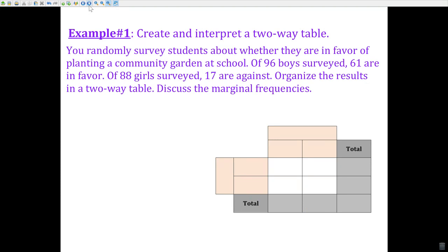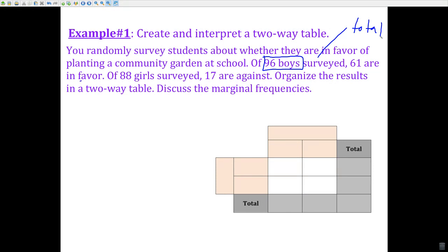You randomly survey students about whether they are in favor of planting a community garden at school. 96 boys surveyed. Okay, so it's probably going to be a boys-girls thing. So this is a total number. 61 are in favor.